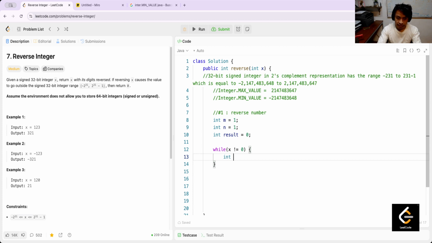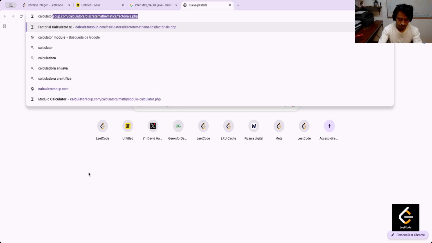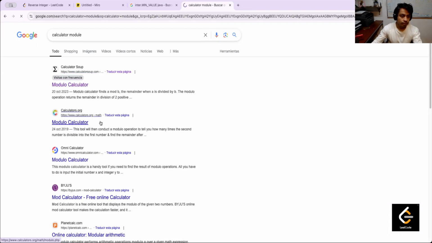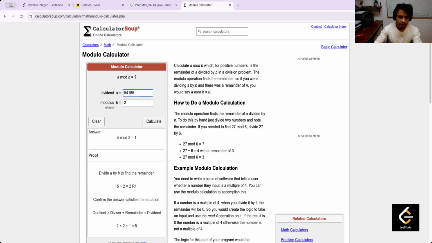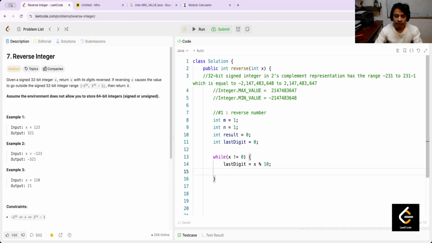The first is the last digit, and I can reuse the variable to avoid creating it many times. It is x modulo 10. For example, with this number, we get the last digit. Now right now I have the last digit.